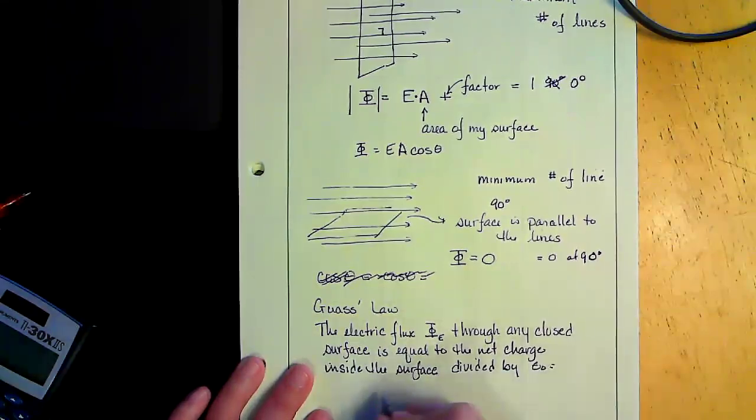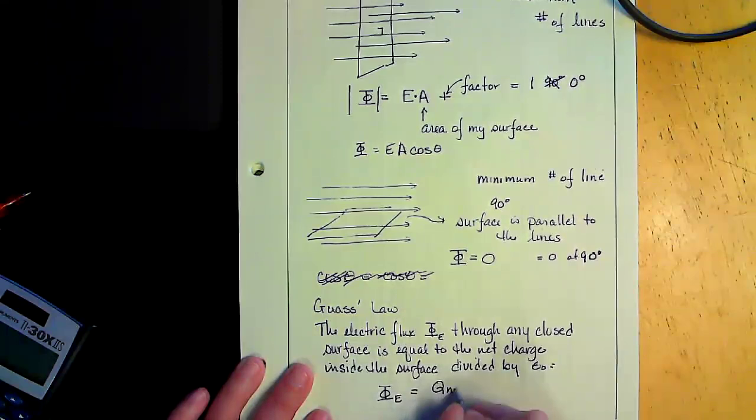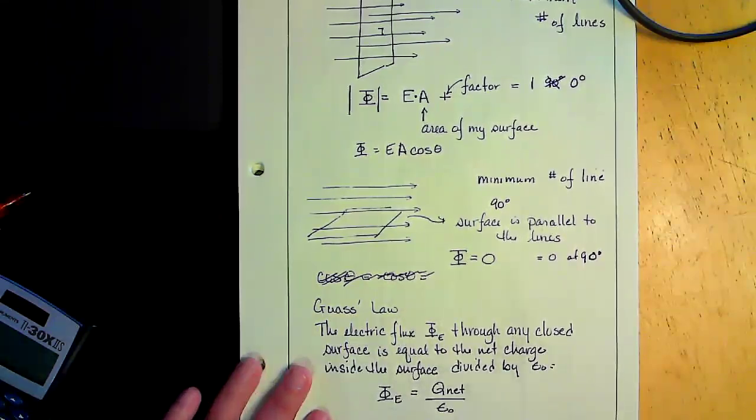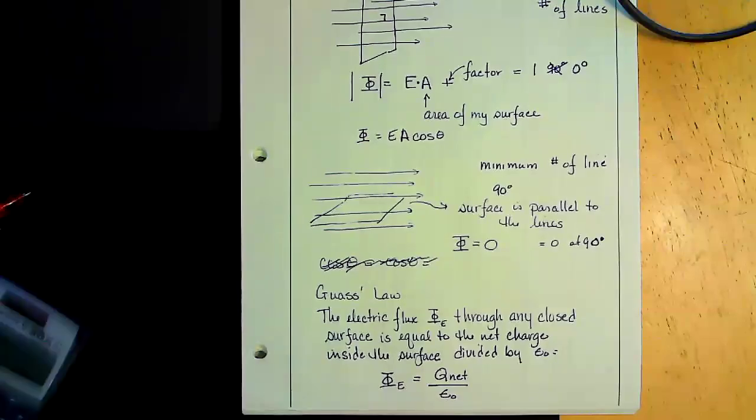So Gauss's law says that my flux is going to equal my net charge divided by the permittivity of free space.